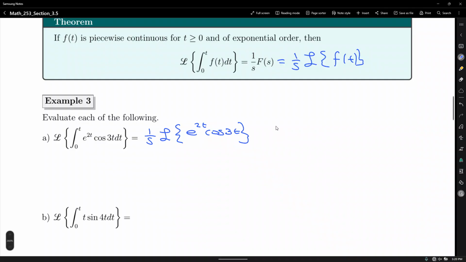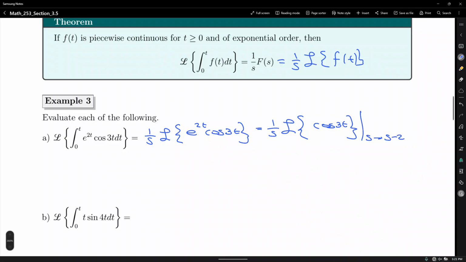It would be convenient to do 1 over s times the Laplace transform of cosine 3t, however, whatever we get evaluated at s equals s minus 2.